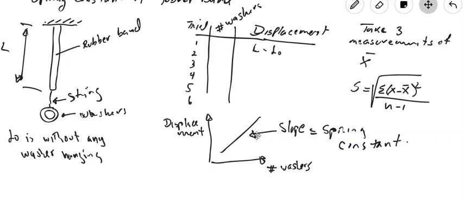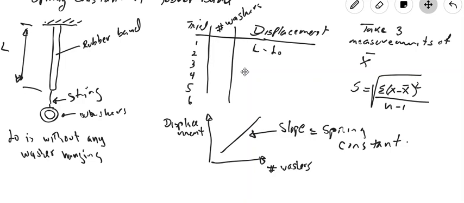Then you're going to get a group of points, and you're going to find the line that best fits all those points, and the slope of the line that best fits all the points is going to be the spring constant. That means in this case it's going to be the constant of the rubber band, the elastic constant of the rubber band.